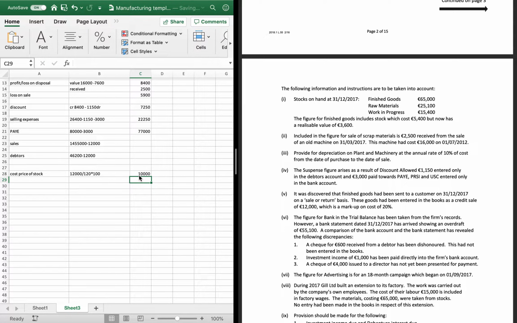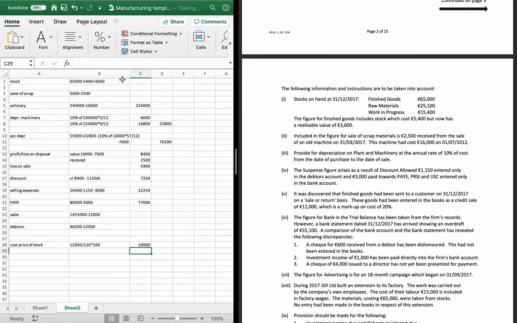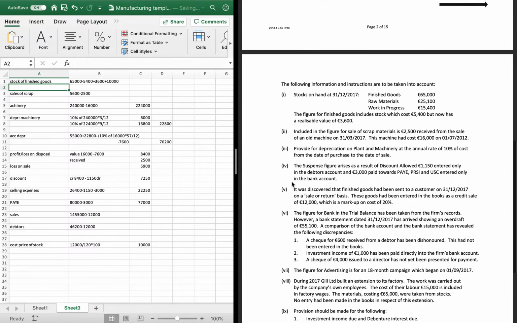So it's 10,000 euros. So we need to add 10,000 euros back onto stock of finished goods because we still have this stock here. Okay, so that's that one.